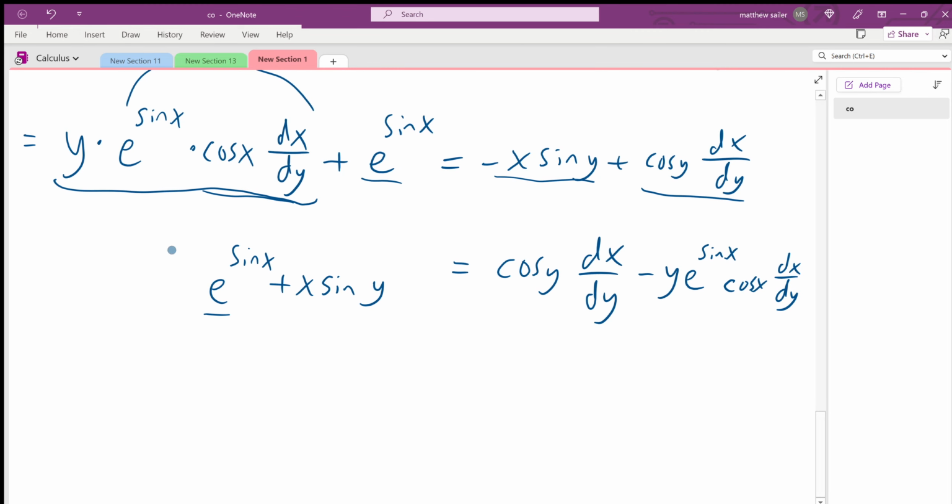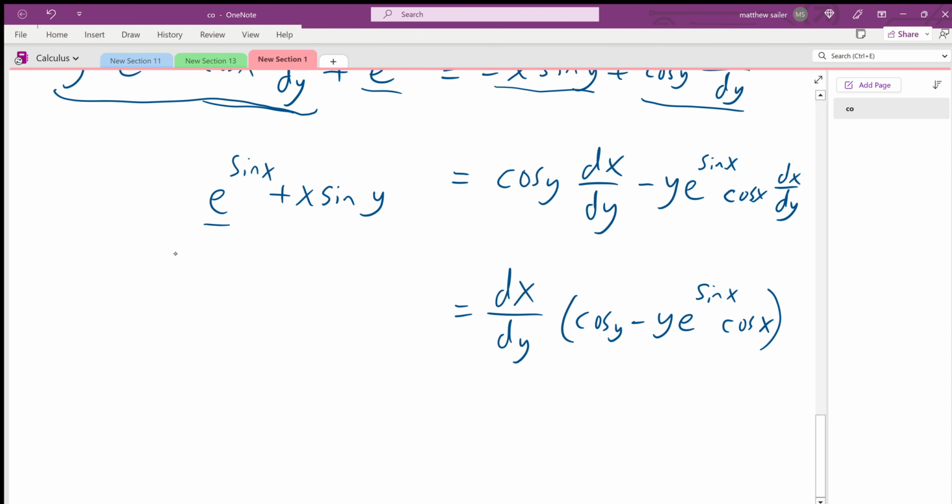Alright, so we can pull the dx/dy out. We are left with cosine of y minus y e to the sine x cosine x, and we have the same thing on the right hand side: e to the sine x plus x sine y.